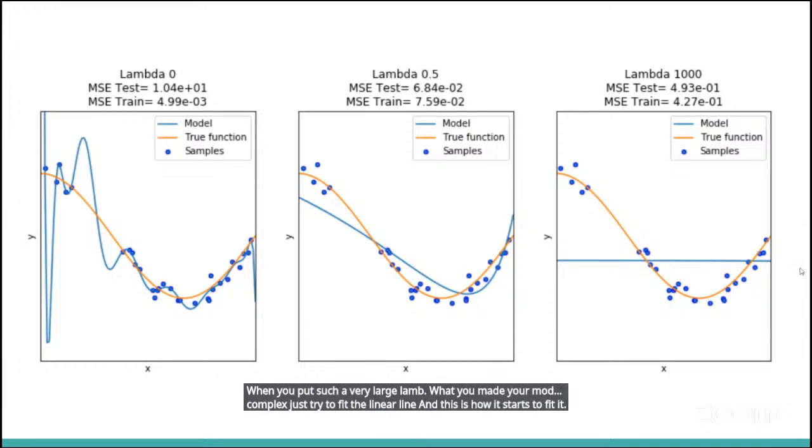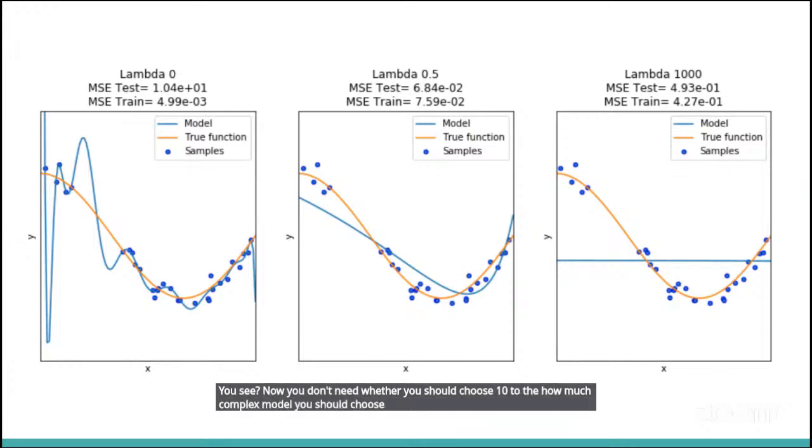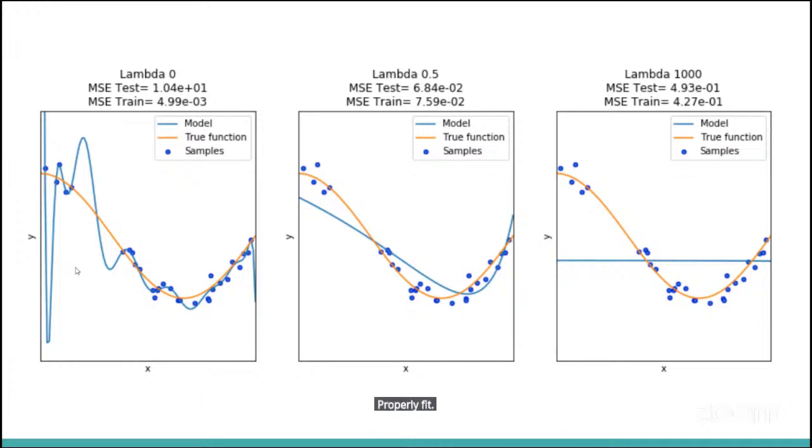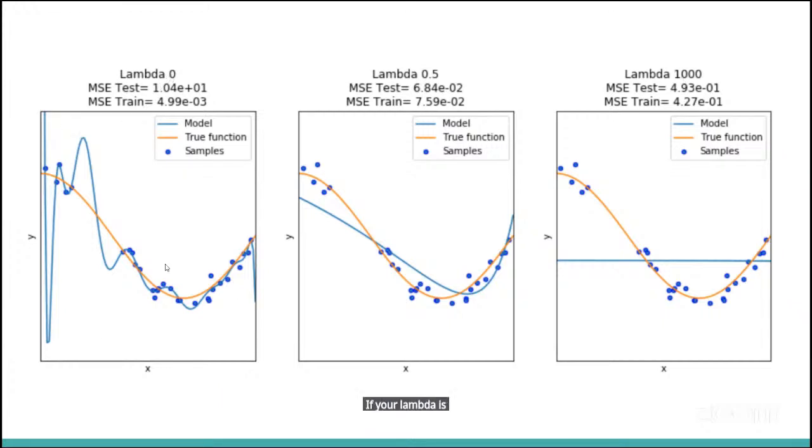Now you don't need to choose how much complex a model you should choose. You just need to tune lambda, so that your model becomes properly fit. So you choose a very complex model and add a regularization term. If your lambda is very close to 0, your model is very complex.